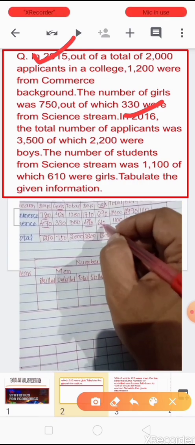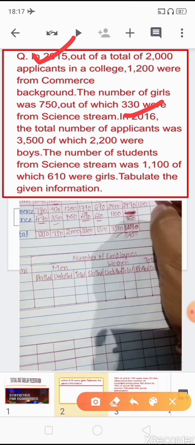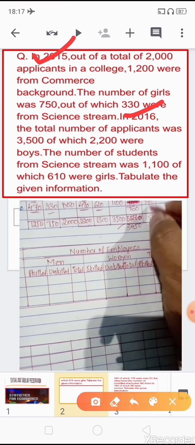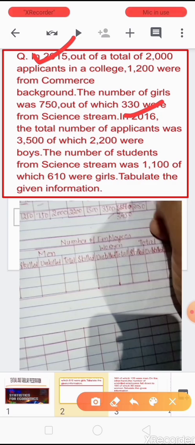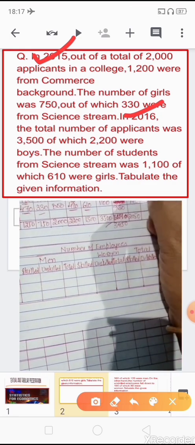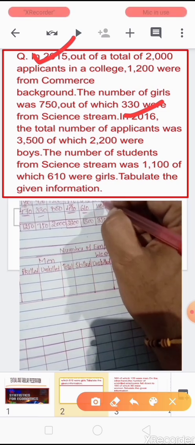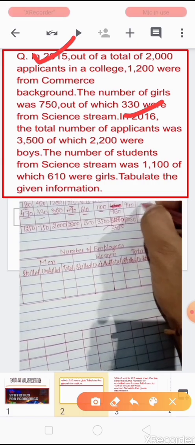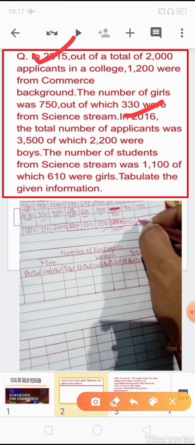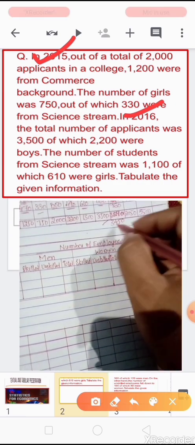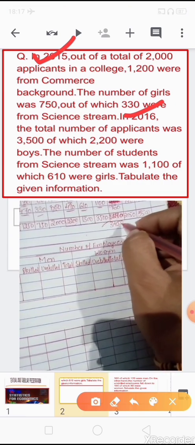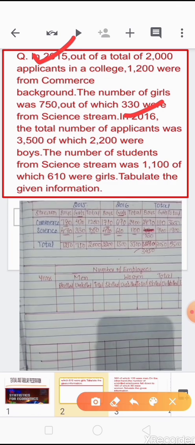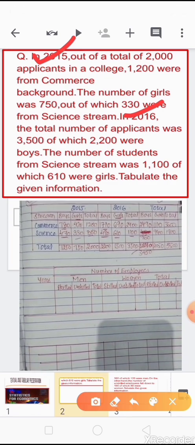We have to add this to 610, plus 330, so it is 940. Now we add 1200 and 1200 and this 2400, that is 3600, and 800 and 1100, that is 1900. And when we add this, it becomes 5500. So you add this one also, 3450 plus 50, it becomes 3500. This is the way how we have to solve the numericals.